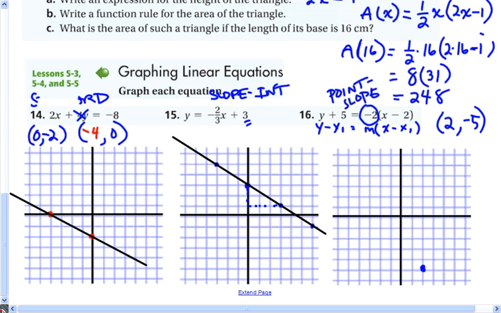Now my slope is -2, which means every time I go 1 to the right, I'm dropping 2. So that would look like that, all those points. And then I can draw in that line. And there it is, showing that those lines are continuing.